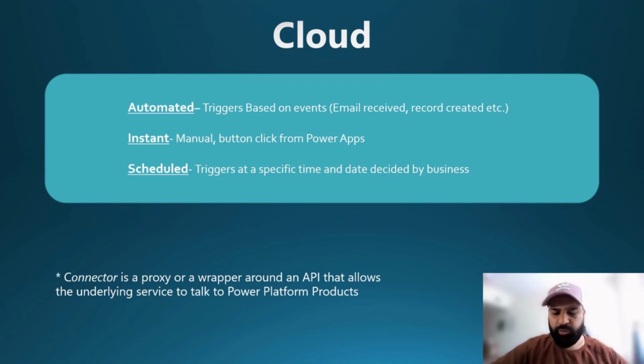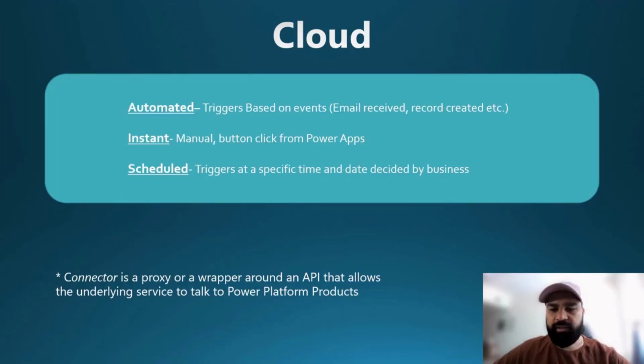Then we have scheduled flows, which basically get started on a fixed schedule. Let's say every morning at 8 a.m. a flow starts to upload data in a SharePoint list. Every morning at 8 a.m. a flow starts to check the services availability and send an email notification.